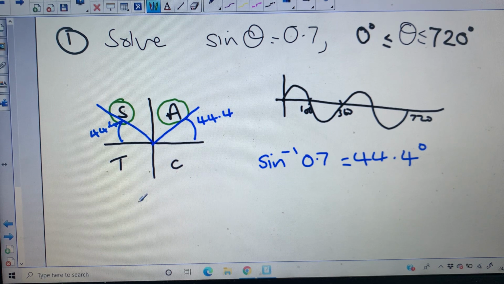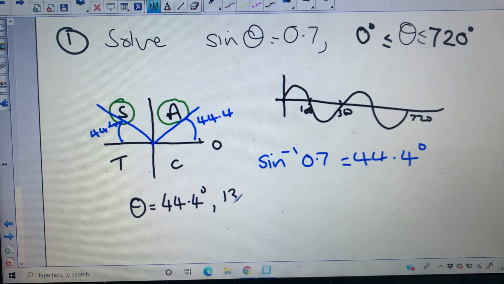And now I'm going to read off my answers. This is the bit that's different. I start with 0 and I get 44.4, all good. Then I go round and I've got 180 minus 44.4, so I've got 135.6. But I'm now going between 0 and 720, so I go all the way round to 360 and I go round a second time.